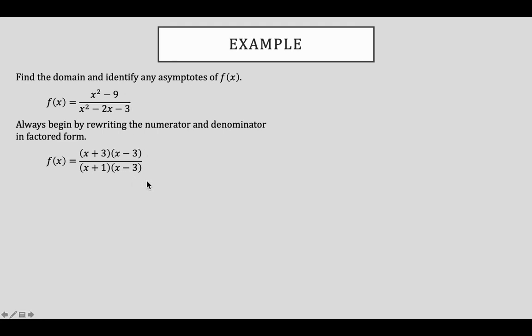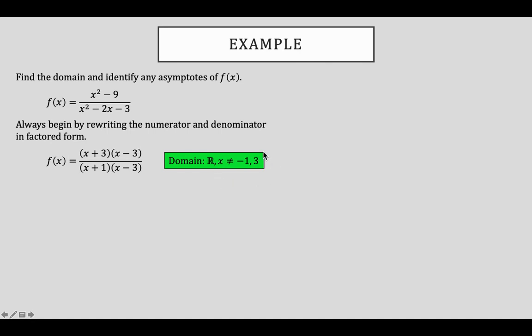This allows us to easily find our domain because, as we know by now, the denominator of a fraction can never equal 0. When does the denominator equal 0? Well, the denominator equals 0 if x is negative 1 or if x is 3. Therefore, we can conclude that our domain is all real numbers except for x equals negative 1 and x equals 3.